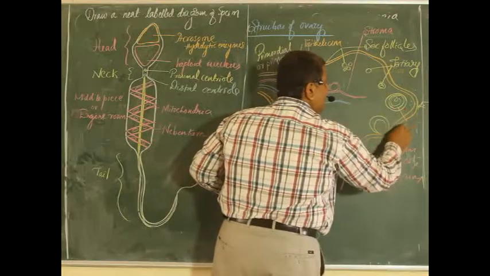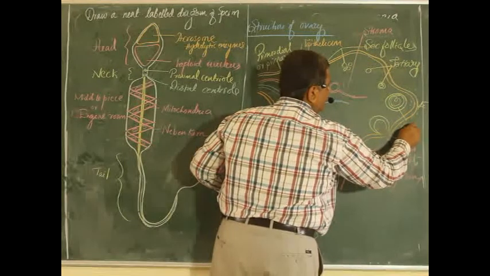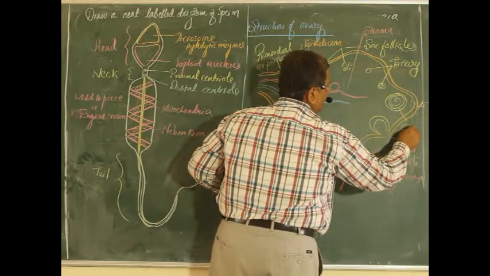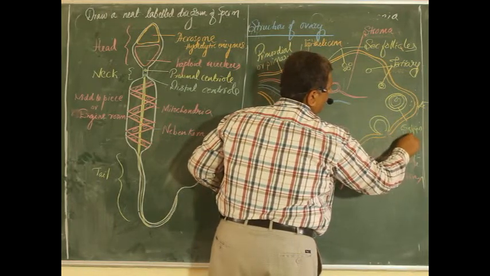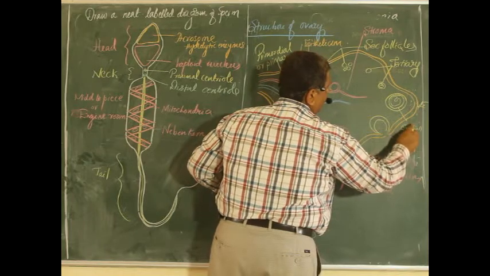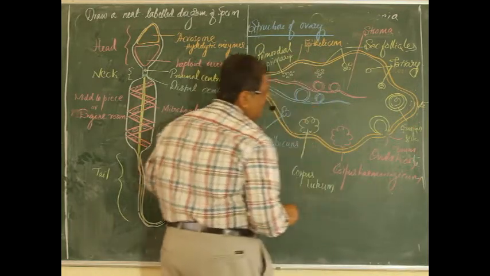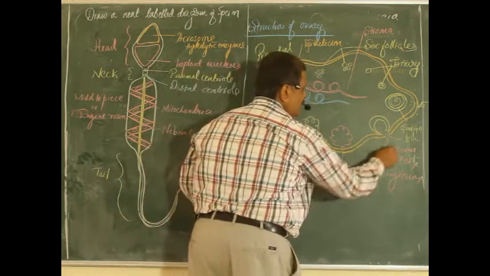This is Graafian follicle, and this is ovulation.